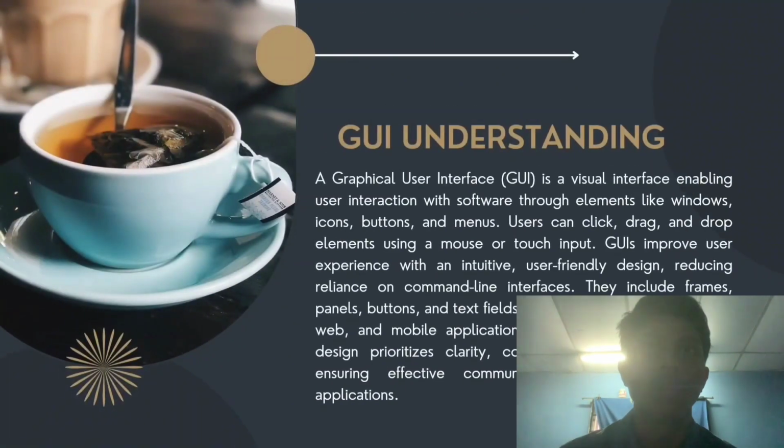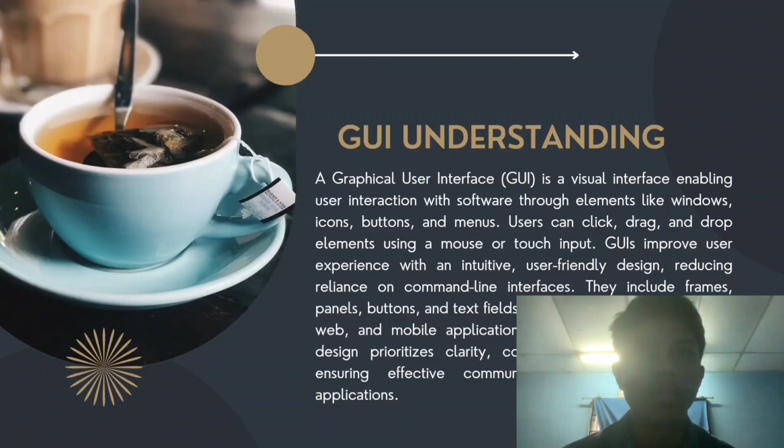Okay, so lastly, the GUI understanding. A graphical user interface, GUI, is a visual interface enabling user interactions with software through elements like windows, icons, buttons, and menus. Users can click, drag, and drop elements using a mouse or touch input. So GUIs improve user experience with an intuitive, user-friendly design, reducing reliance on command line interface.